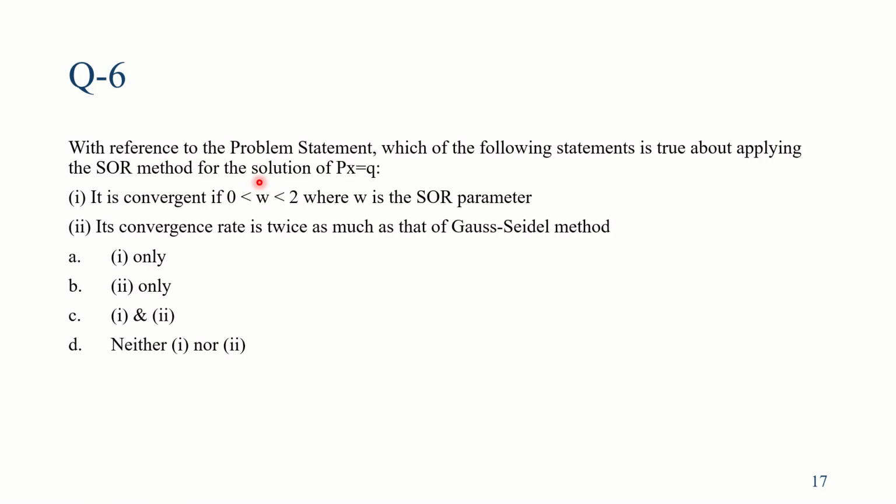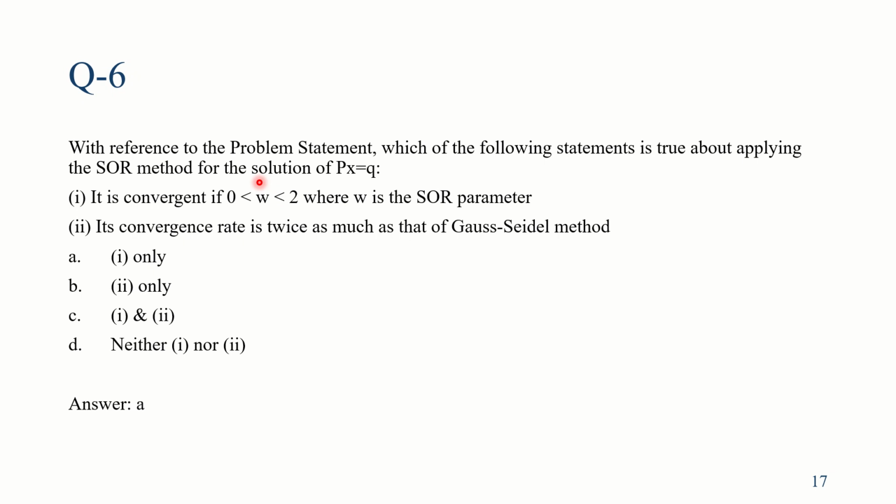So the first one is right, it is convergent if omega is between 0 and 2, where omega is the SOR parameter. And the second, its convergence rate is twice as much as that of the Gauss-Seidel method, which we cannot say likely. So my answer is option A.